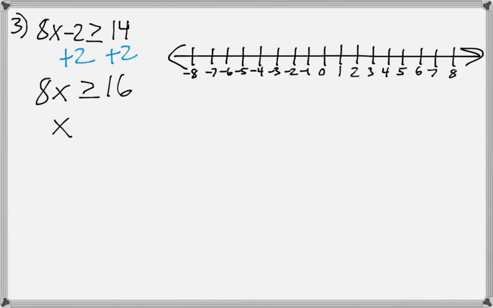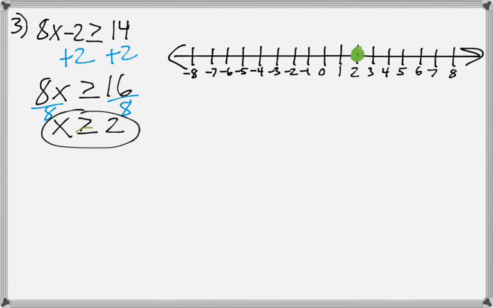And if I divide both sides by 8, x is greater than or equal to 2. So if I find my number line, this is going to be at 2, and this one's going to be a closed dot because my inequality sign is greater than or equal to.